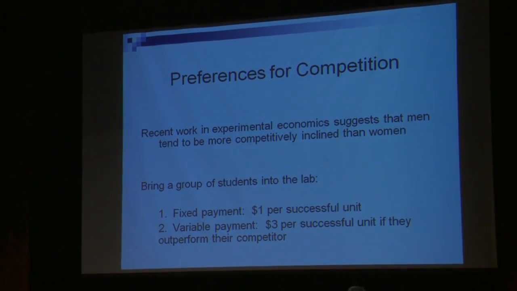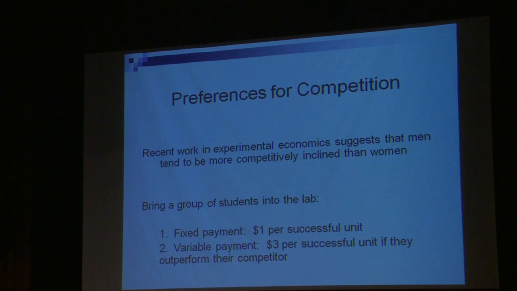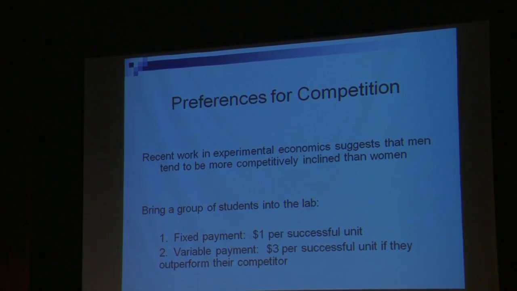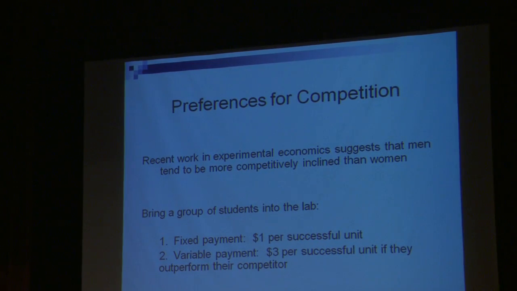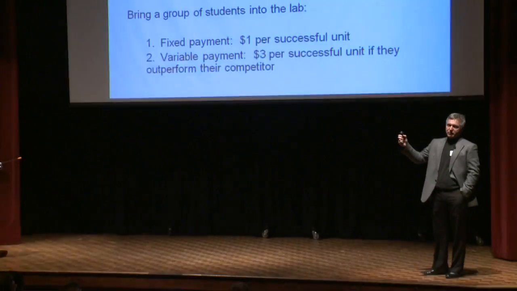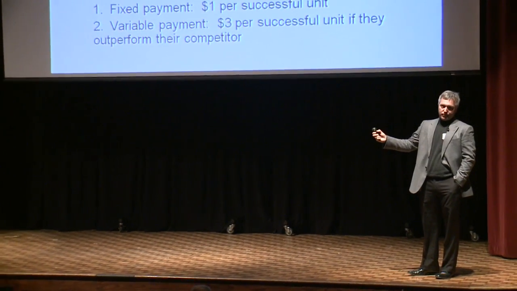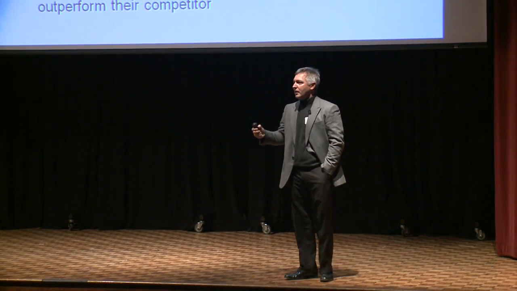In incentive scheme 1, for every anagram you solve, we will give you $1. If you choose incentive scheme 2, we will pay you $3 if you solve more anagrams than a random person in this room. If you don't solve more, you will receive nothing. That's the simple experiment that people do to explore competitiveness.